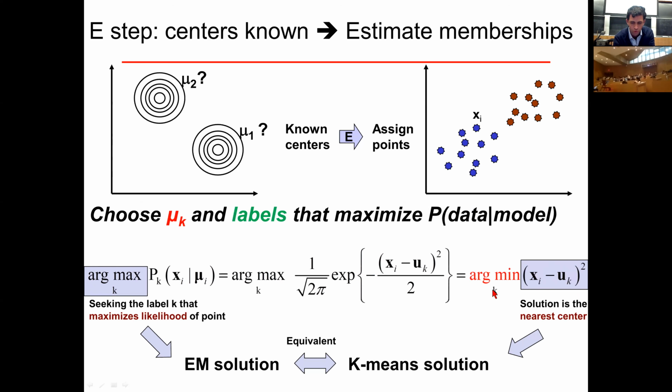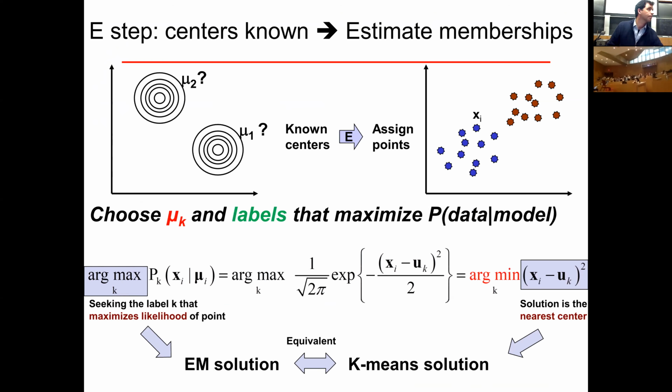That means the solution over all possible clusters K for the label I want to assign to my point X is effectively the nearest center again. So that's the second half of the equation that you pointed out earlier. Maximizing over all label assignments given the EM solution means choosing the nearest center, and the maximum likelihood estimate is again the nearest center.